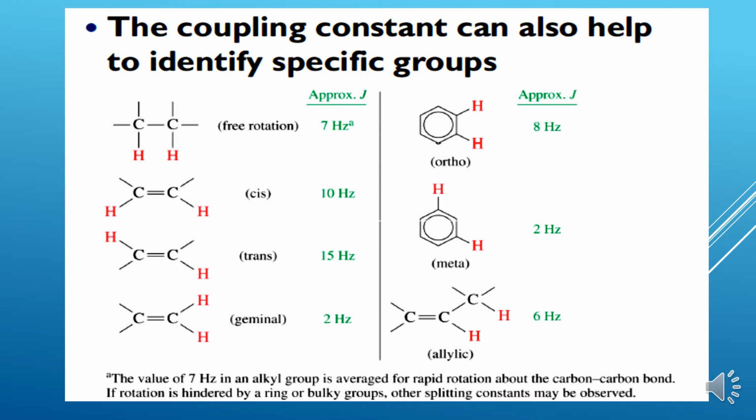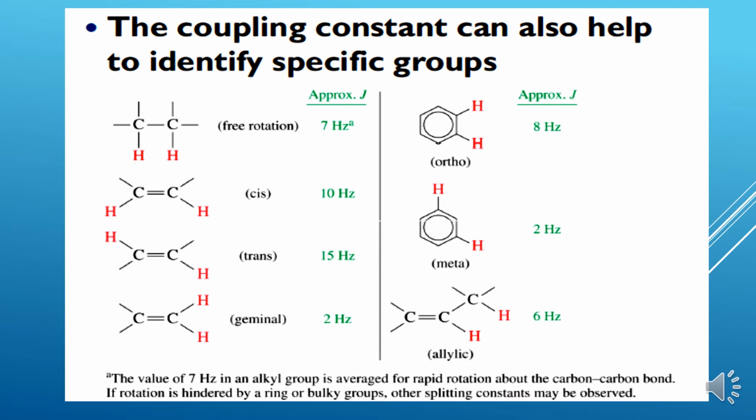Therefore I have compiled these values to understand how one could elucidate the structure of molecules. These are the ideas we need to understand while solving the proton NMR spectrum of a given molecule.